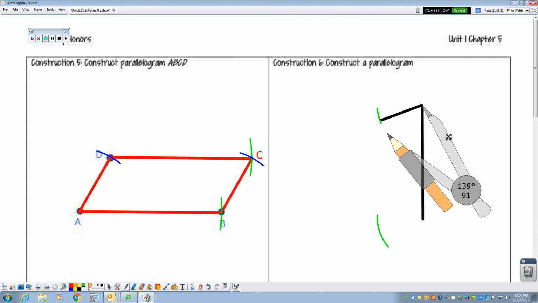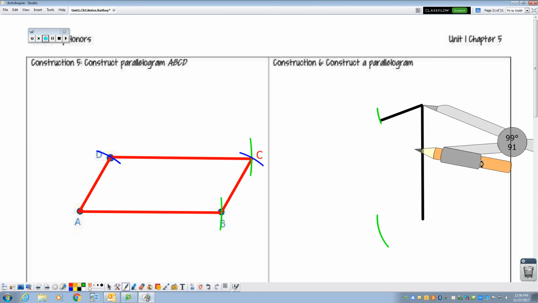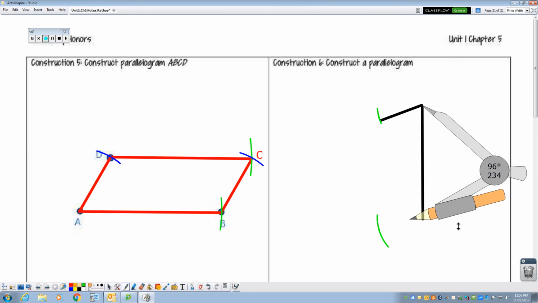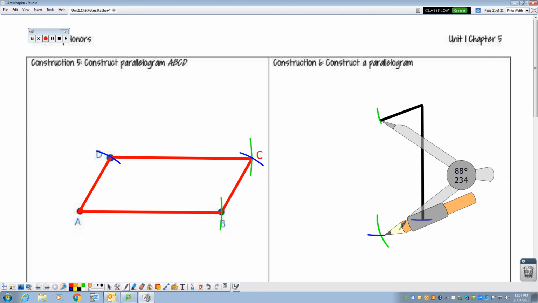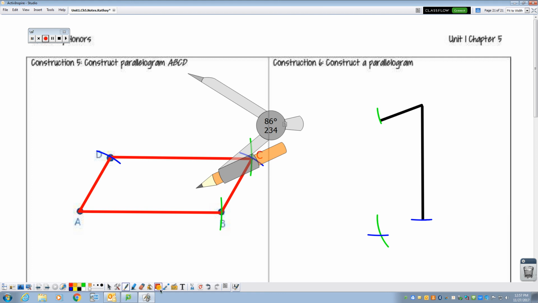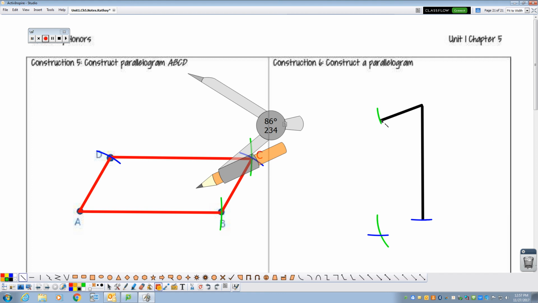And then I measure the longer side of my parallelogram. And that would have to match my missing longer side. Connect the dots, and we're done. And this one didn't give us a name, so we don't have to label that parallelogram.